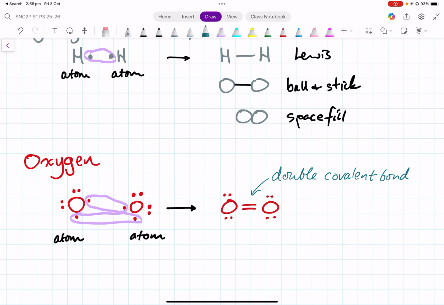Now, chemists like short forms, we're just going to call this a double bond. So they drop the word covalent, and you can just call it a double bond. And if that's a double bond, then this thing is called a single bond or single covalent bond. If you just say single bond to me, I know you're not talking about ionic bonds, which are different. Ionic bonds are just the attraction of ions between each other.